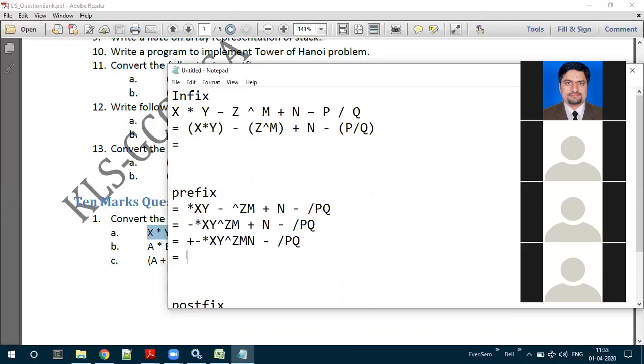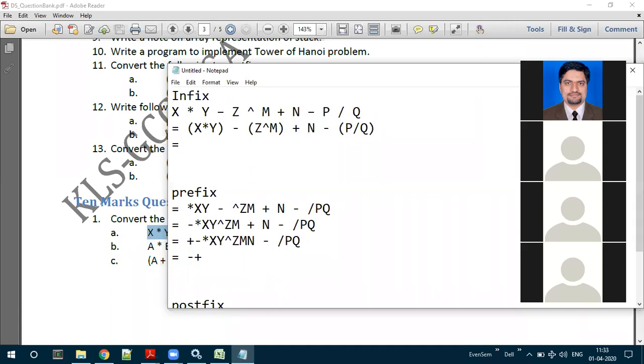Okay. Now how many operations are left? Only one operation, that is subtraction. And what are its two operands? The first operand is this one, and the second operand is this one. So first write the operator, that is minus. Then what is the first operand?